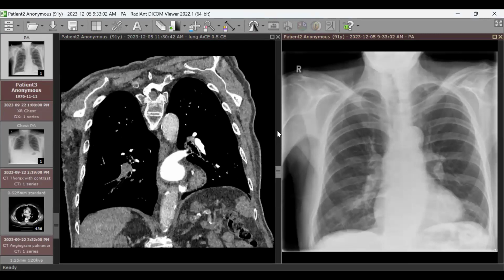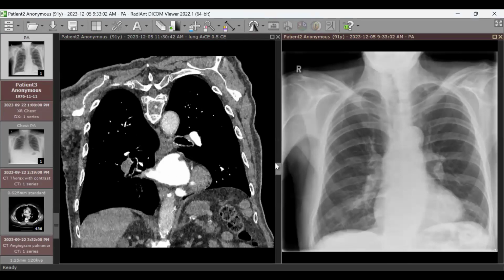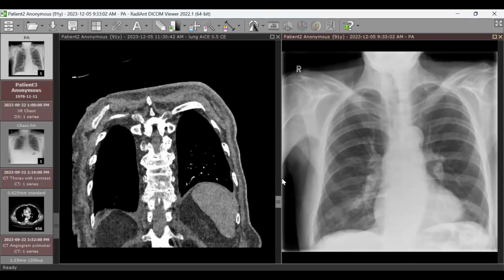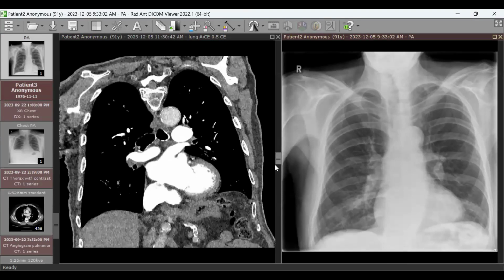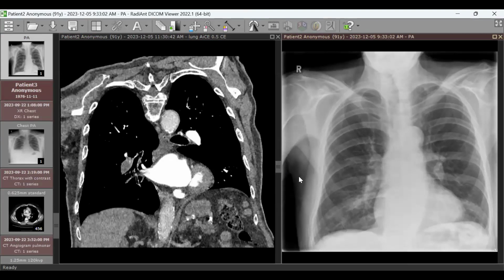We said we need to follow the pulmonary arteries on coronal and sagittal views to be sure we follow all the arteries. And here we can see the correlation: the artery is expanded by the filling defect, which causes this appearance on the chest X-ray.